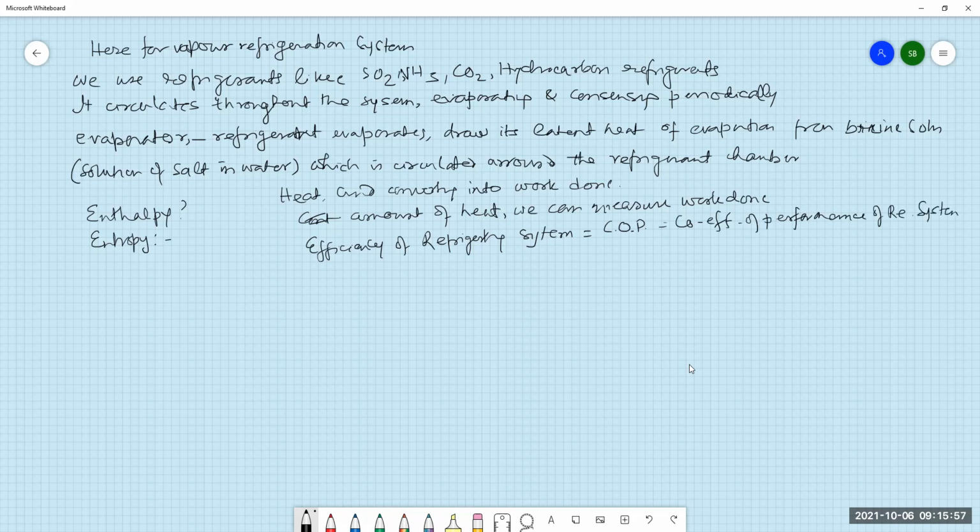Why is it necessary to know the refrigeration efficiency? First, you have to know how much work you are doing to get how much cooling effect in the refrigerating system.